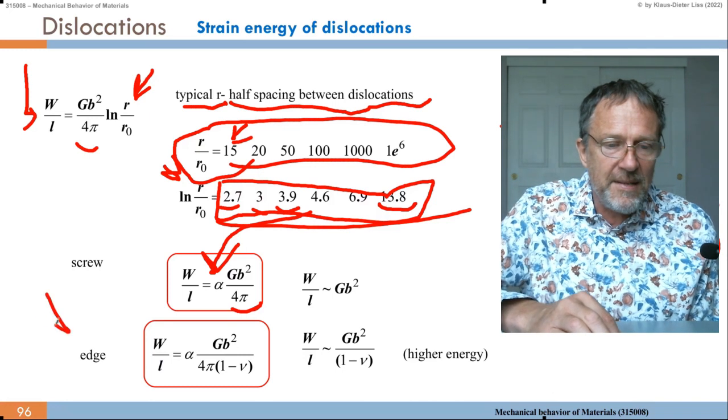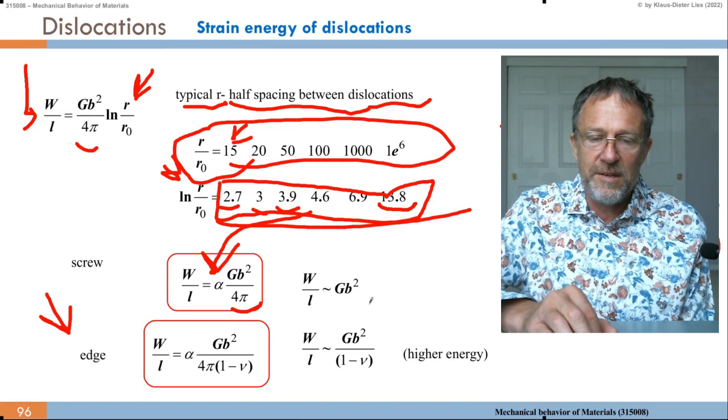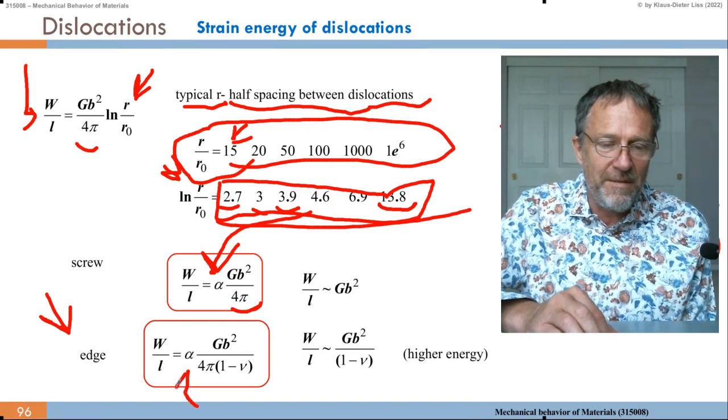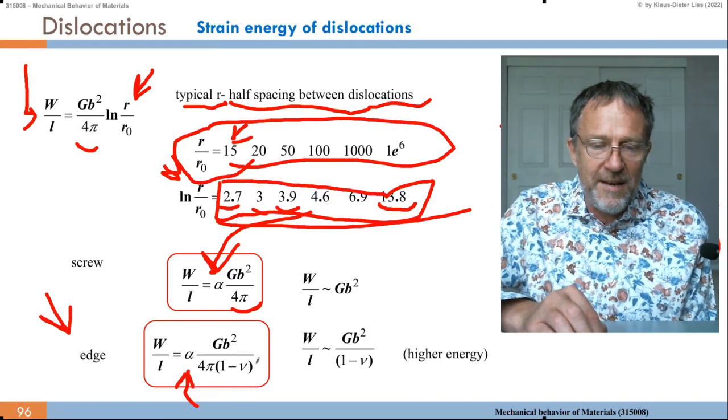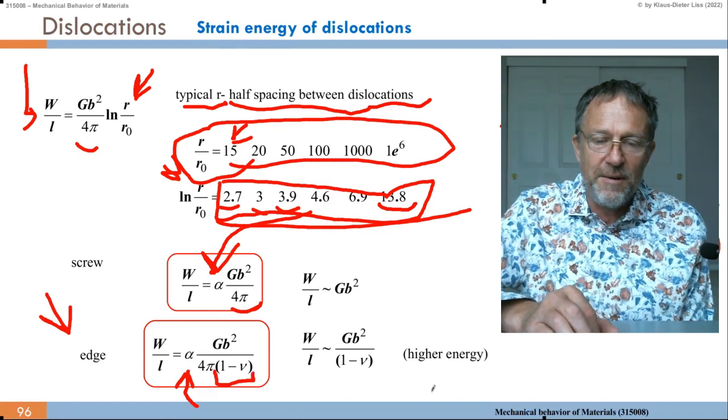And similar things turn out for the edge dislocations, as we only look to orders of magnitude, so we average over the sine and the cosine. And finally, we get this formula here, which is decorated by the 1 minus nu in the denominator again.